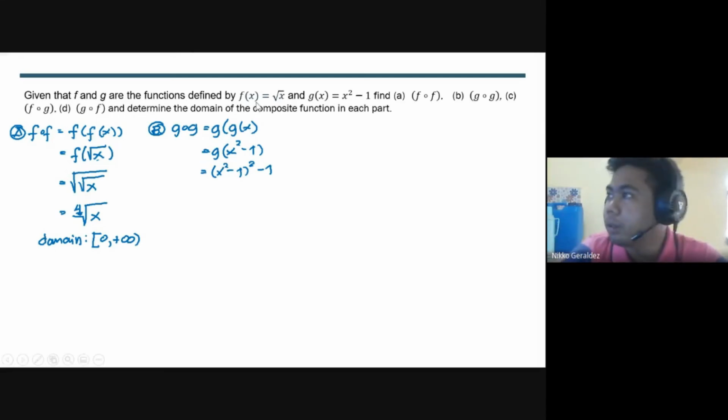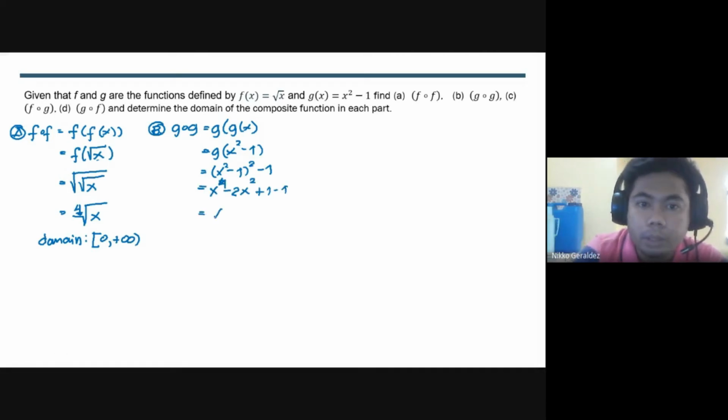How do we answer this? So that is x, or you have x raised to 4 minus 2x squared.